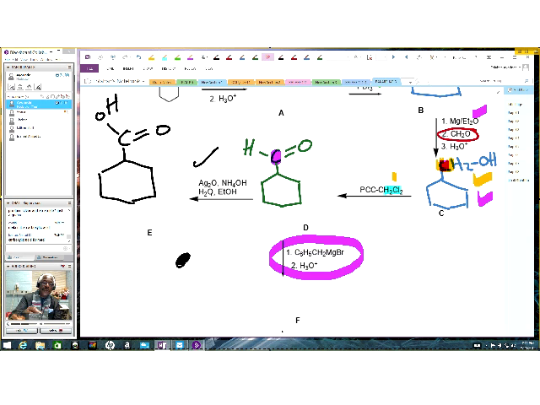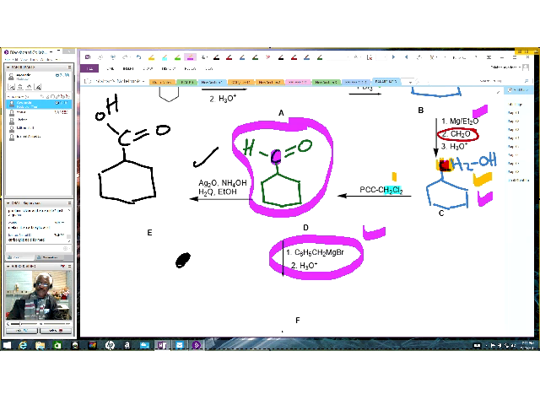At this point, what are we doing? We want to react this aldehyde with this reagent here. By the way, what kind of reaction is this, looking at this reagent? A secondary alcohol is formed through Grignard. Excellent, great.